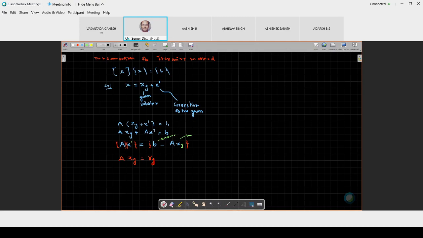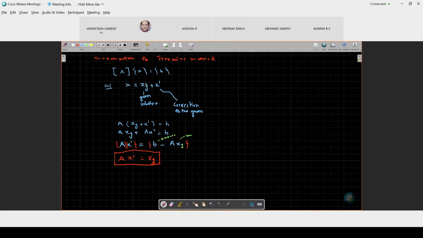So here we can say that if I have the equation for X prime, and I said RG, from this expression we can get X prime. So that is the basic idea of this iterative method.